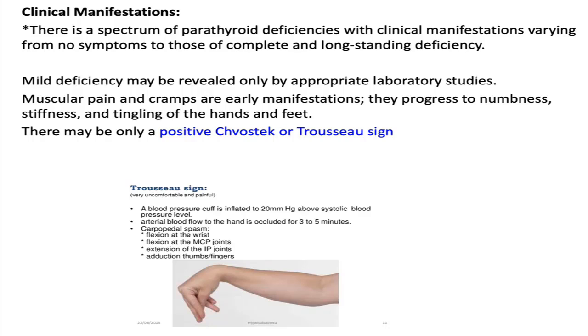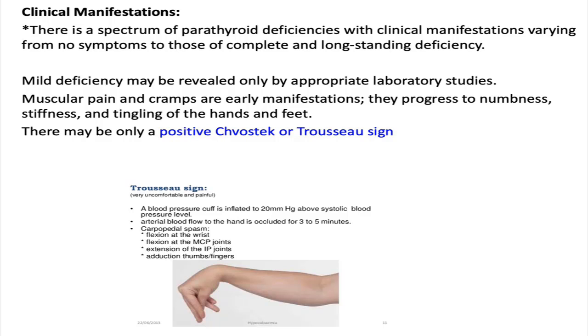Then the patient will develop carpopedal spasm, in which there is flexion of the wrist, flexion of the metacarpophalangeal joint, extension of the interphalangeal joint, and adduction of the thumb and fingers.